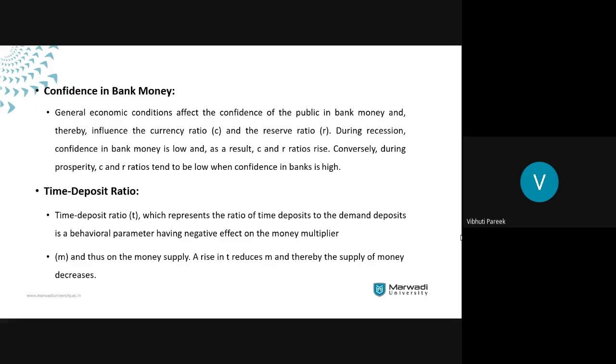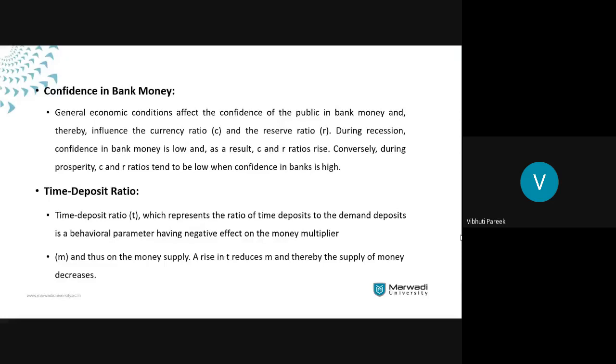Till then, let's move towards the next point or the next determinant, that is confidence in bank money. Now, the general economic condition affects the confidence of the public in bank money and thereby influences the currency ratio and the reserve ratio. Like during recession, the confidence in banks is low, and as a result, the currency and reserve ratios rise.